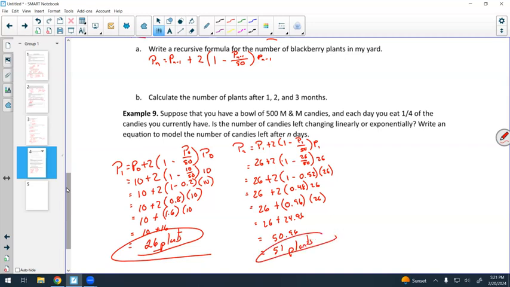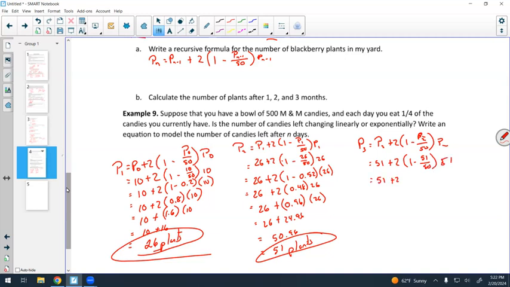Now, recall the carrying capacity is 50. So what's going to happen? Well, something's going to die. So let's see how this works, looking at P3. P3 equals P2 plus 2 times (1 minus P2 over 50) times P2. So I'm looking at 51 plus 2 times (1 minus 51 over 50) times 51.